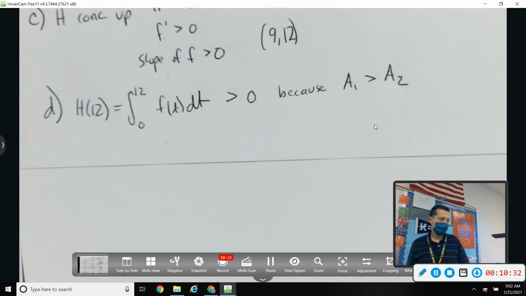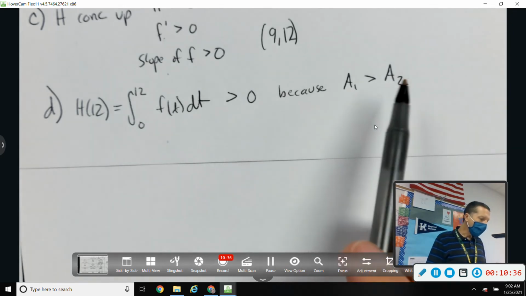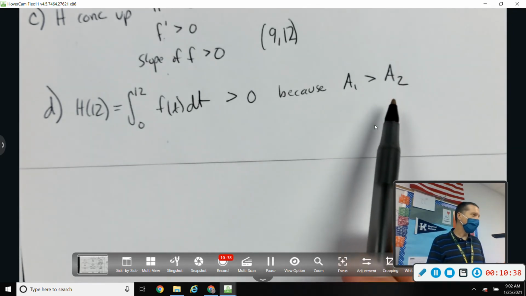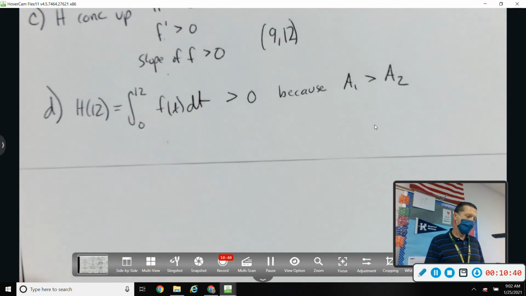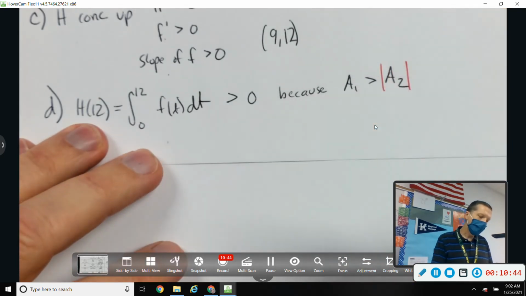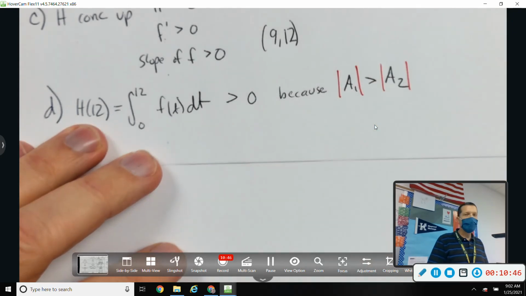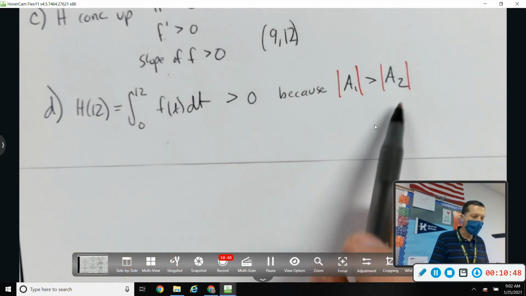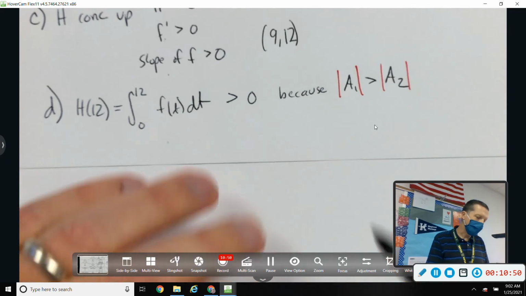Wouldn't it have to be absolute value? No, because if you say area, it's positive. If you wanted to, that wouldn't be wrong either if you did it this way. That would also be okay. But if you're just saying area, you mean positive.